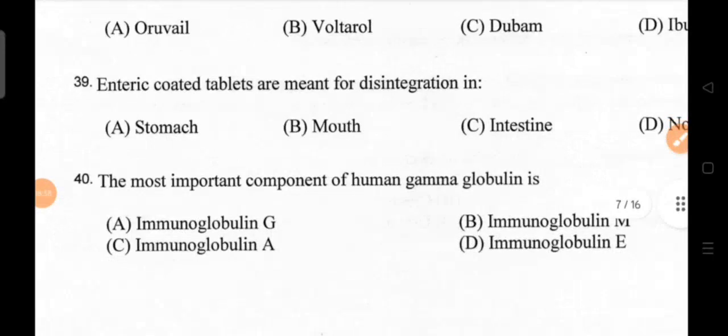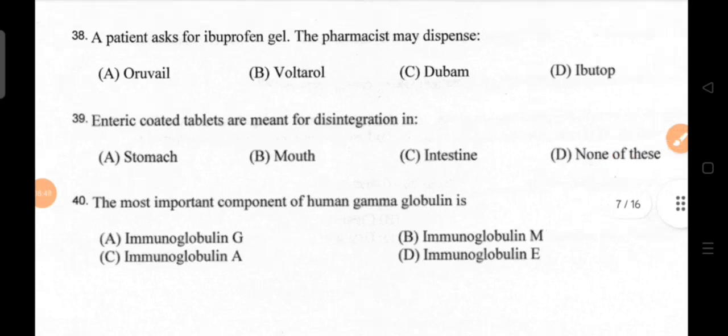Next, question number 39. Enteric coated tablets are meant for disintegration in which of the following? So enteric coated tablets. Enteric coated means what? These are the tablets which are coated with some polymers, generally to prevent them from dissolving in stomach acid, so that they can work properly.